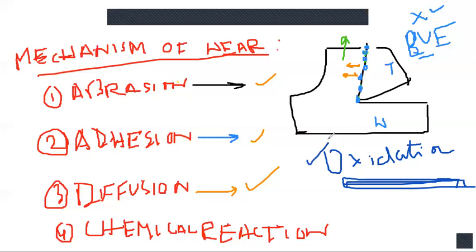So the tool becomes softer than the parent material. So this is a failure.